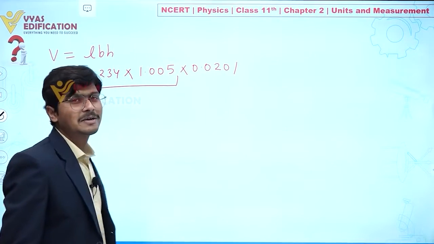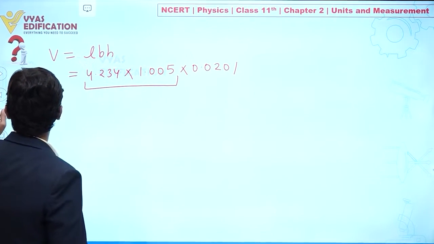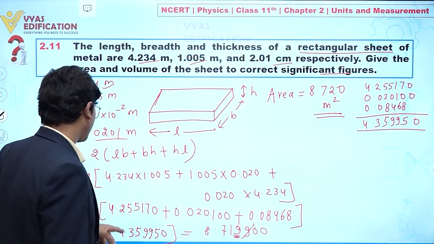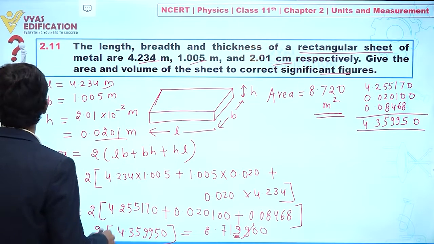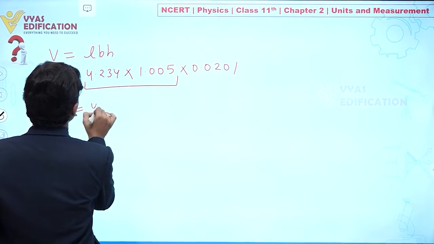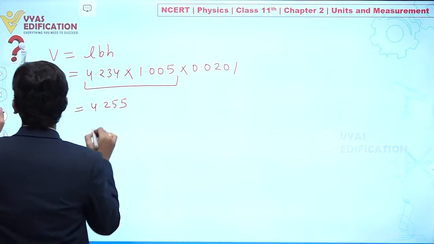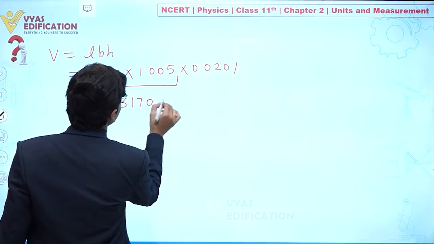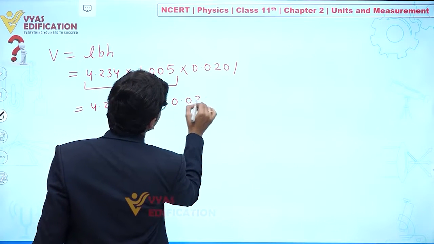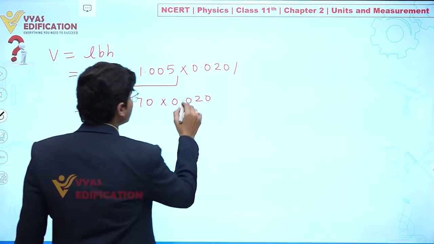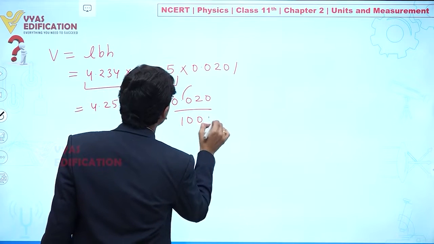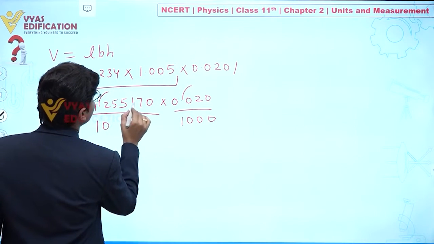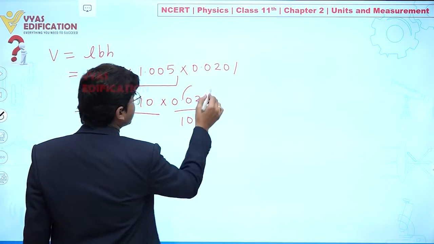You have already multiplied this one, 4.234 into 1.005, so we can say this is equal to 4.255170, and it is multiplied with 0.0201, let's suppose. So we can write this is equal to 1000, and this is 10 to the power 6, this one and this one cancelled out.